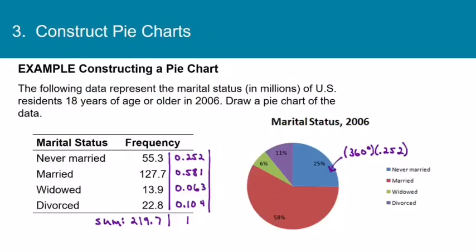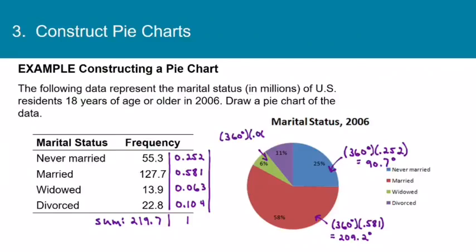Okay, so here we go. 0.252 times 360 is going to give us 90.7. And you can look at that and tell that it's very close to a 90-degree angle. And then 360 times 0.581 for the married category gives us 209.2 degrees. And it's clear that this is more than 180 degrees.